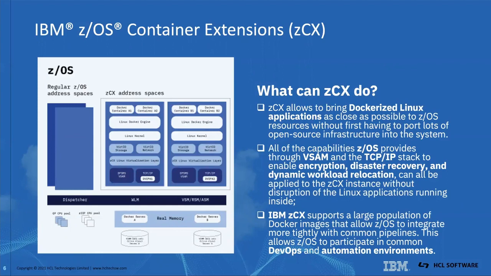For example, z/OS provides VSAM files and the TCP/IP stack, and features to enable encryption, disaster recovery, and dynamic workload relocation. All these features apply also to a zCX instance without any disruption of the Linux applications that run on the zCX instance.